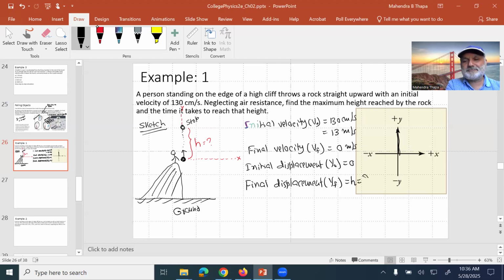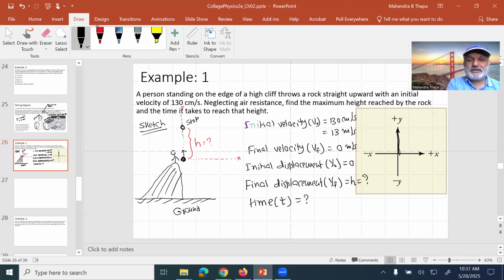We don't know that. And we want to find the time taken by the stone to reach the maximum height. Here, the only force acting on the stone is the force due to Earth. So there is acceleration due to gravity acting on it.